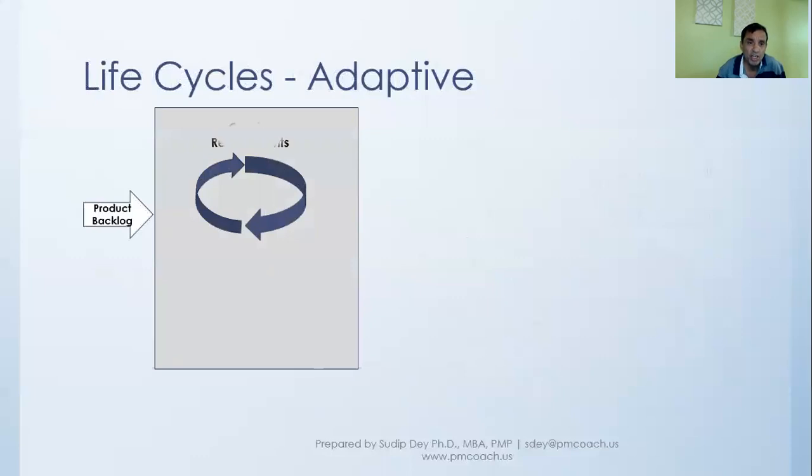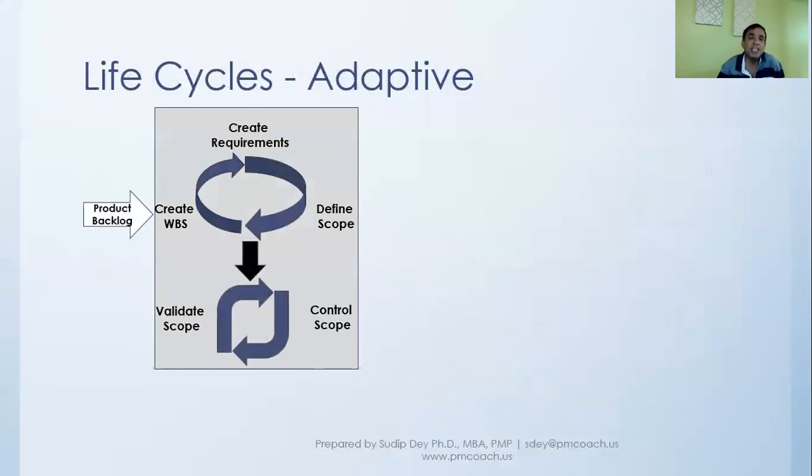In the iteration, we'll create requirements, define scope, and then create the WBS. We'll go through the execution, and then control scope and validate scope at the same time. So that iteration is done, and we have delivered that particular feature to our stakeholder.